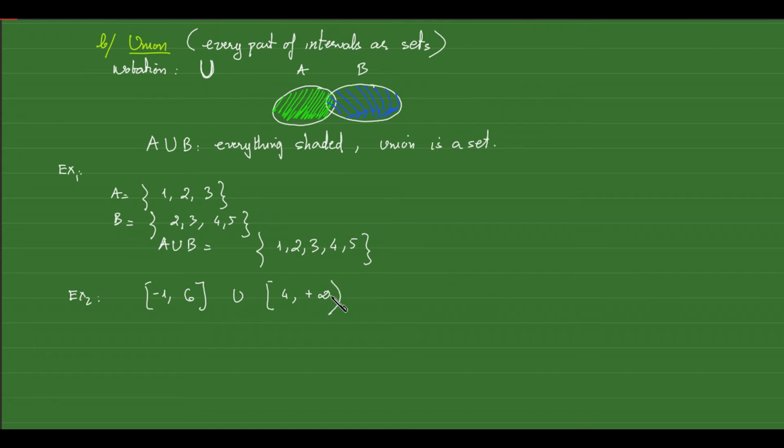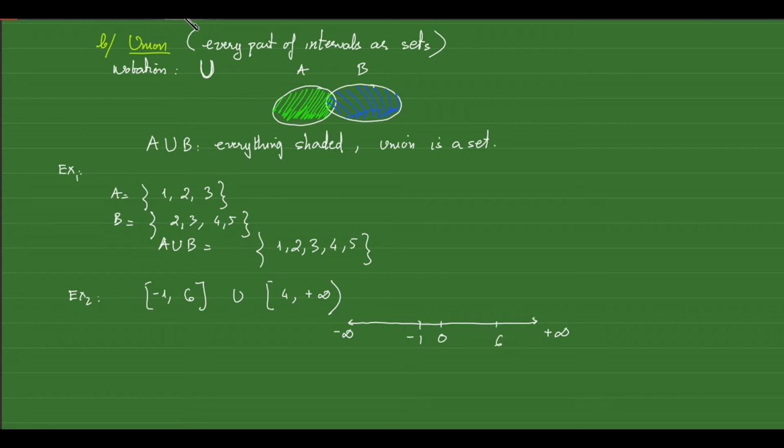Again, if you're really good, you know right away the answer. But if you're not, you can just go ahead and draw the picture. Draw the number line, with negative infinity here, positive infinity here. So -1, 0 right here, -1 over here is included, right? And 6 up here.